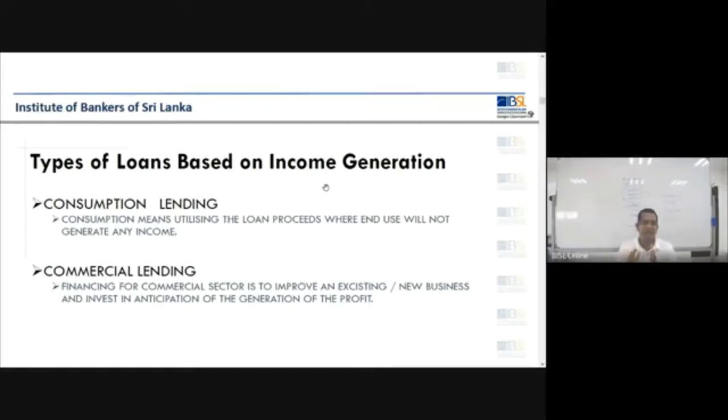So commercial lending is when the end use of money generates cash to repay the loan. Consumption is where the end use will not generate money to repay. Consumption means utilizing the loan proceeds where end use will not generate any income. Commercial lending, financing for the commercial sector, is to improve an existing or new business and invest in anticipation of generation of profit, right?